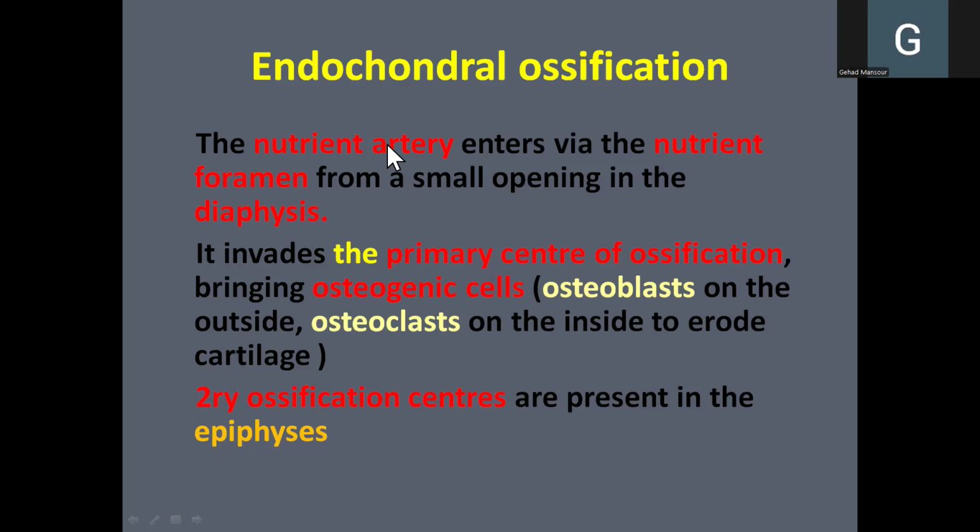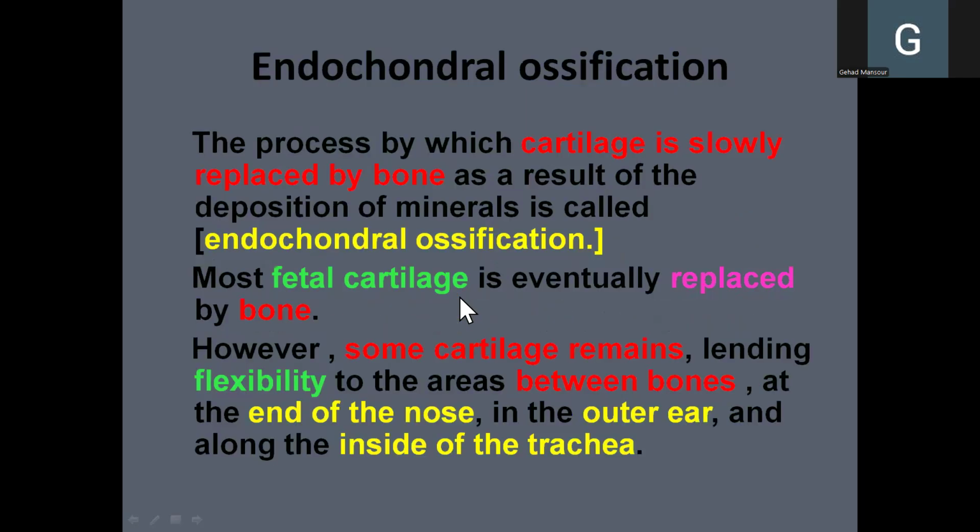This nutrient artery and its branches will invade a certain part of that model of tissue that will form the bone. They will invade the central part of that model that is rich in stem cells, and that is called the primary center of ossification. And this artery is bringing in osteogenic cells.